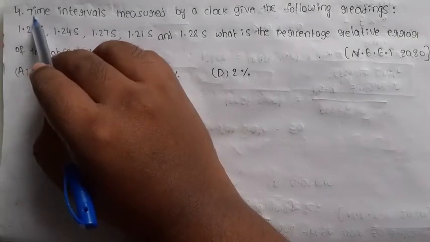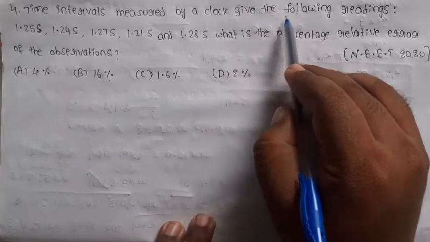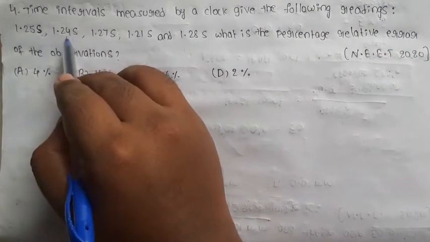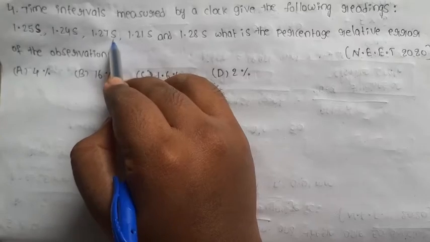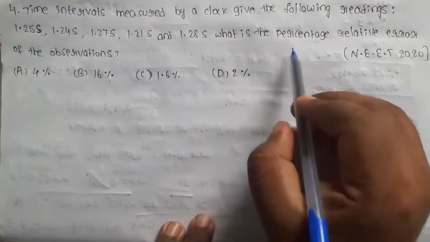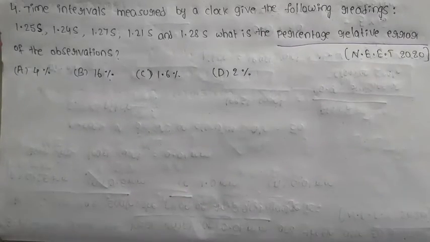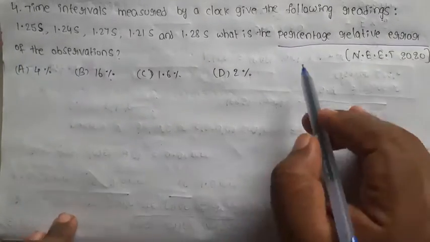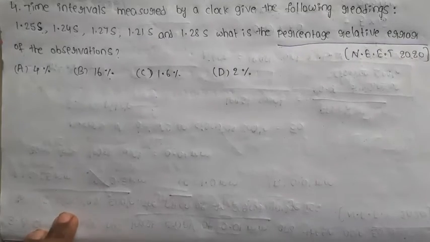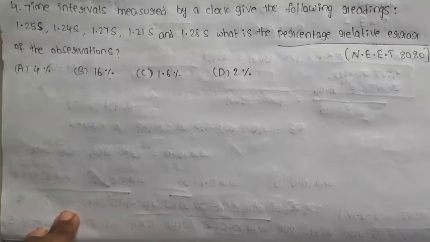Move to next question. Fourth question: time intervals measured by a clock give the following readings: 1.25 second, 1.24 second, 1.27 second, 1.21 second, and 1.28 second. What is the percentage relative error of the observation? We are going to find the percentage relative error. First of all, what is the formula for relative error?